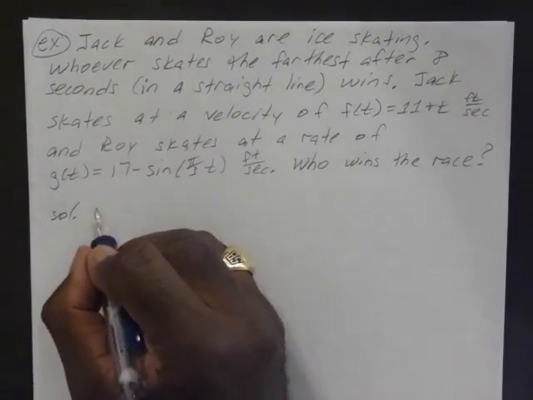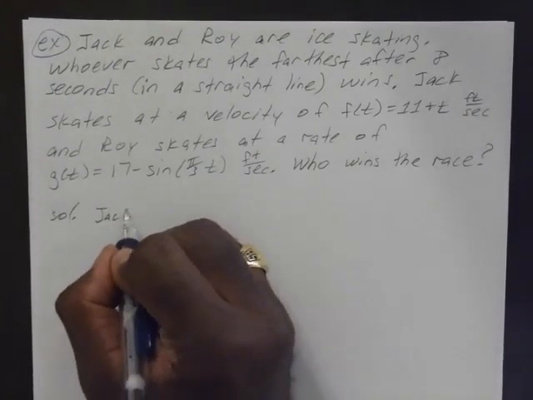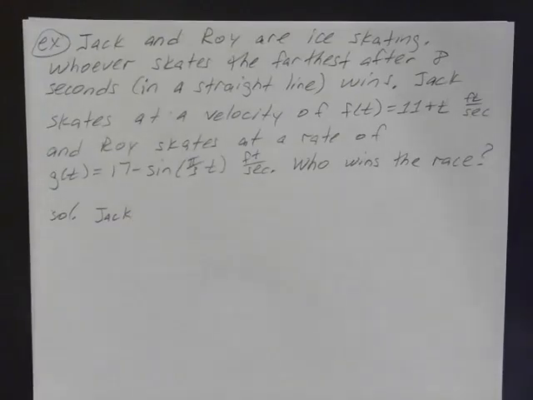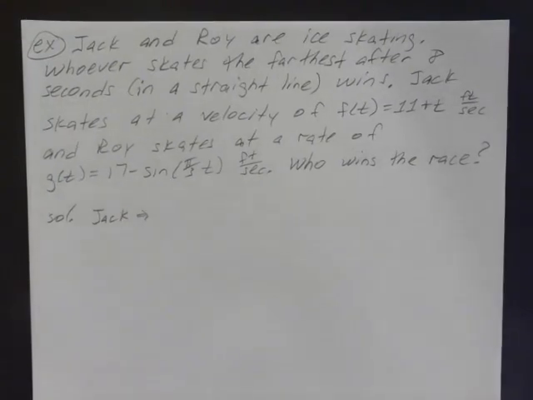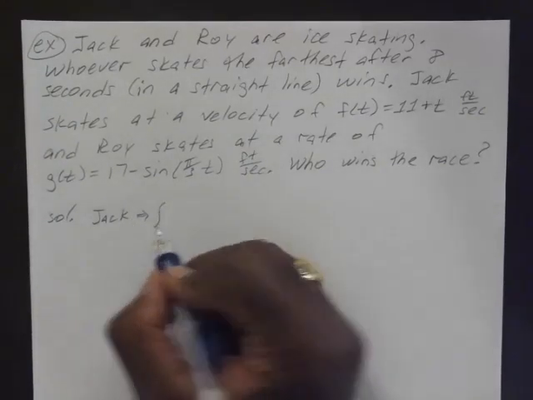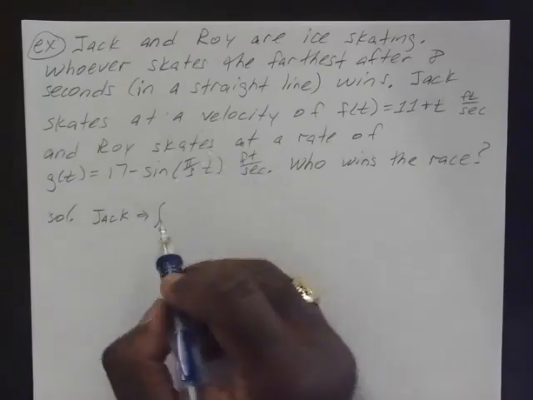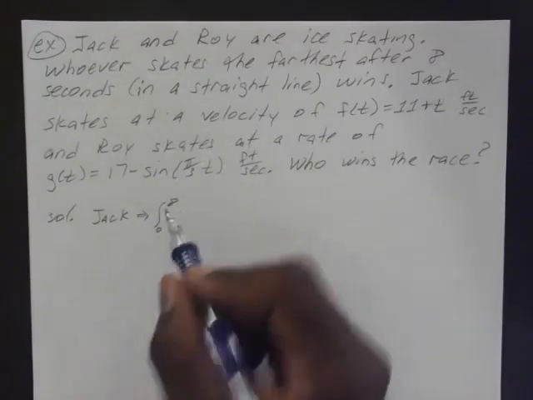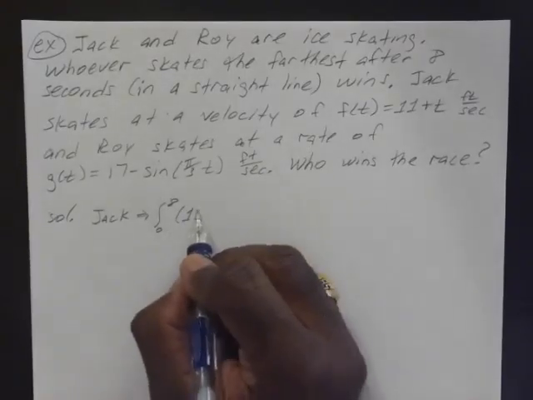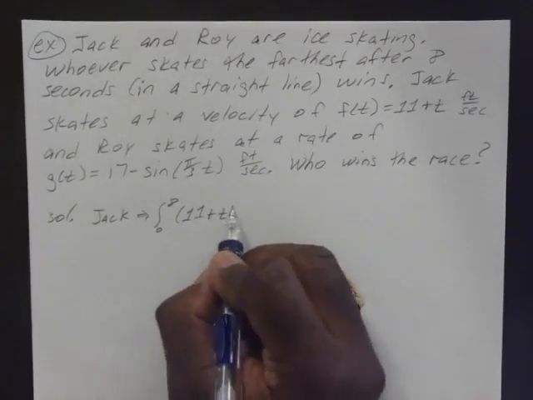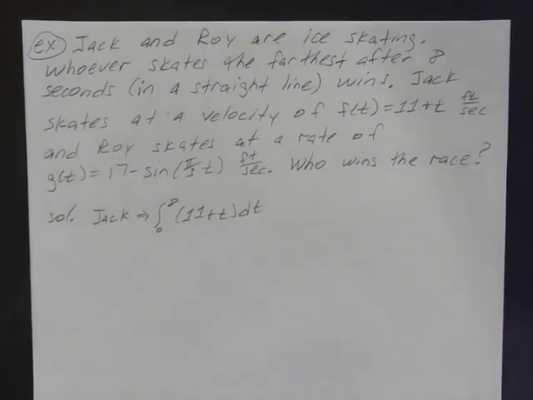Since we know that, let's say if we wanted to find out Jack's displacement. Okay. Now with this one, we know it's after 8 seconds, so it's from the interval from 0 to 8 of his velocity function, which is 11 plus t with respect to t.